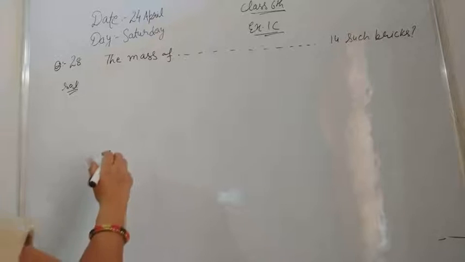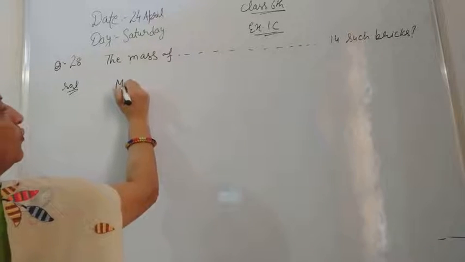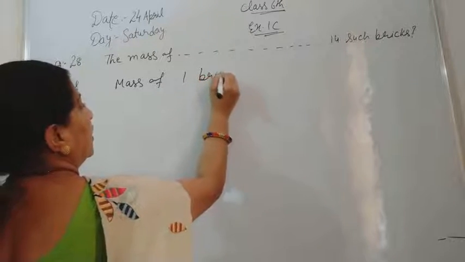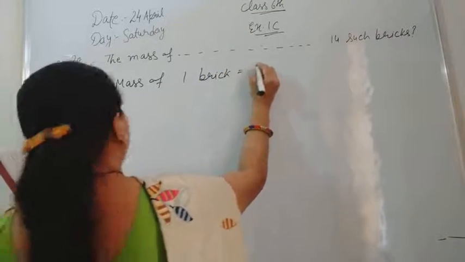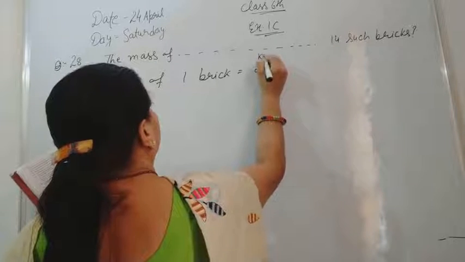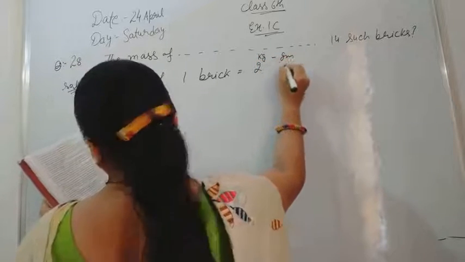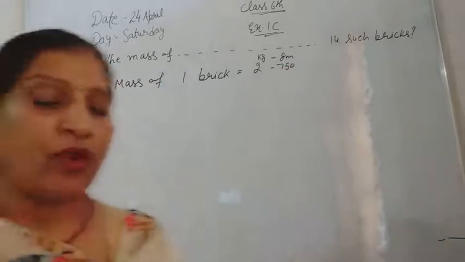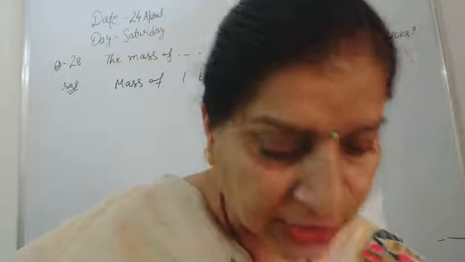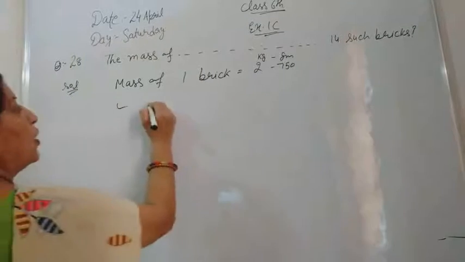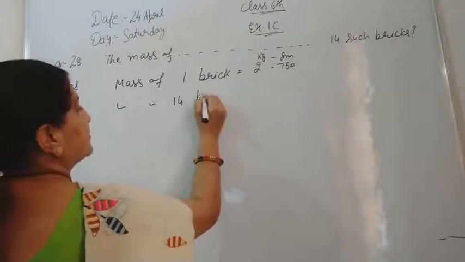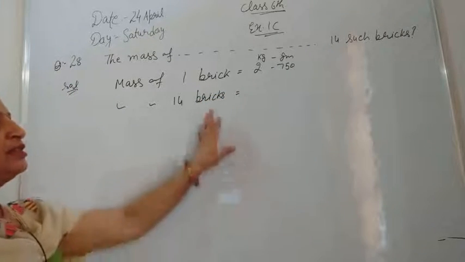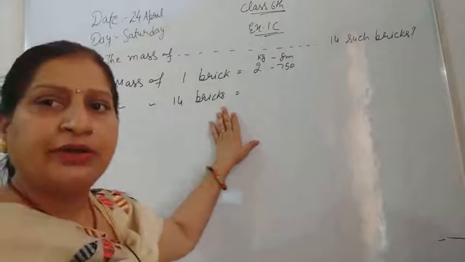So let us start. Mass of 1 brick is equal to 2 kilogram 750 gram. Now we have to find the mass of 14 bricks. अब bricks क्वांटिटी में ज़्यादा हो गई हैं, more than 1 हो गई हैं, that's why we write here x.